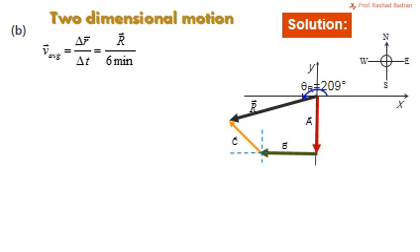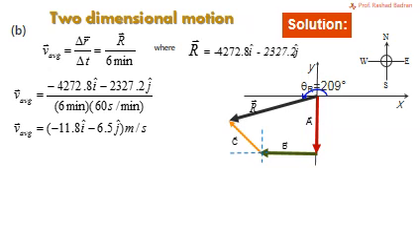Well, the average velocity, as its definition says, is the displacement divided by the time interval. Now, we have a time interval of 6 minutes for the whole trip, while the displacement vector is obtained in terms of i hat and j hat.